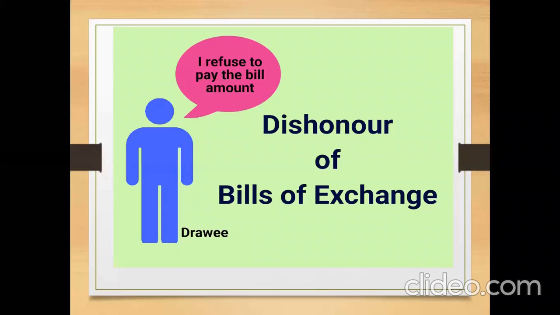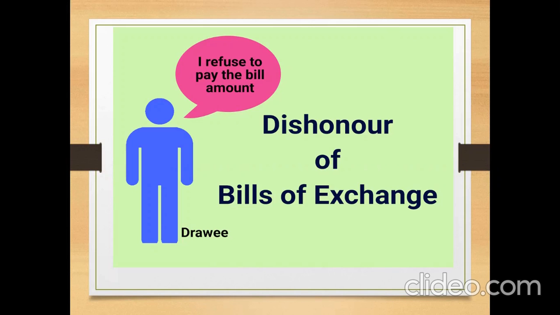Next important point in bills of exchange is dishonor of bill of exchange. Now, dishonor happens when the drawee refuses to pay the bill amount. So at that time, the bill is considered to be dishonored. The way we say the cheque is bounced or cheque is dishonored, same way bills are also dishonored.